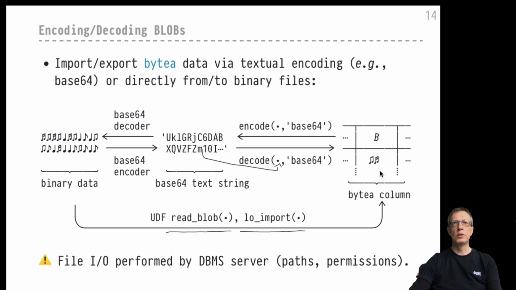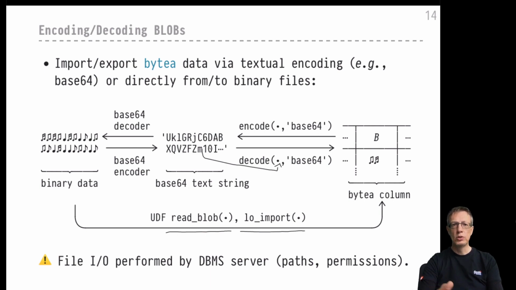Okay, and the way out of this table back into the form of binary data that could then be fed to other tools, image manipulation programs or sound playing programs, for example, would be to take this byte array data and encode it into base64 form. What we would get is this textual representation, which would then be passed from tool to tool, maybe passed inside the queries that you're writing in PostgreSQL.